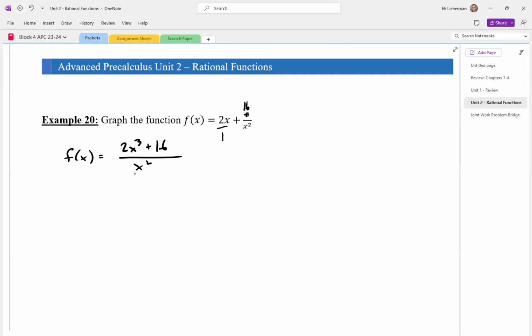start graphing it, let's see what you can do. I think I changed it. I change it to an 8 and then a 16.